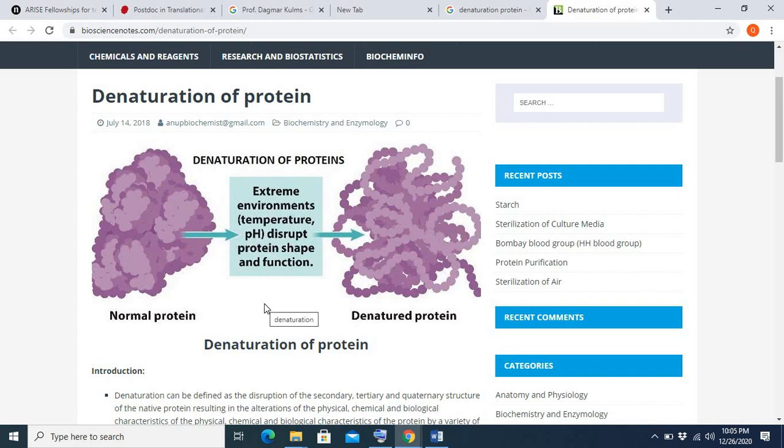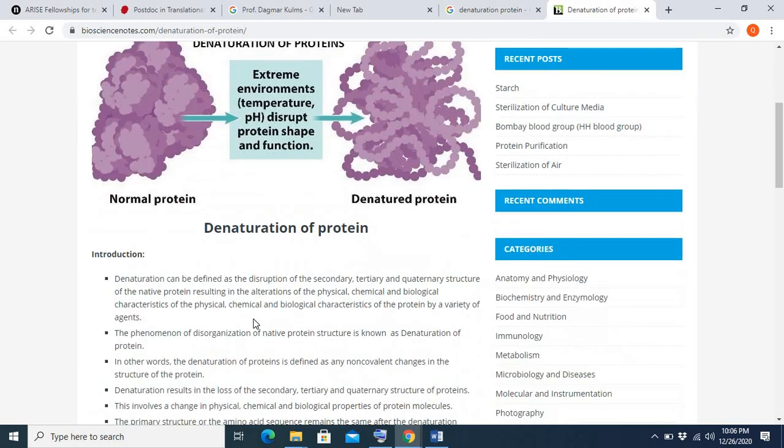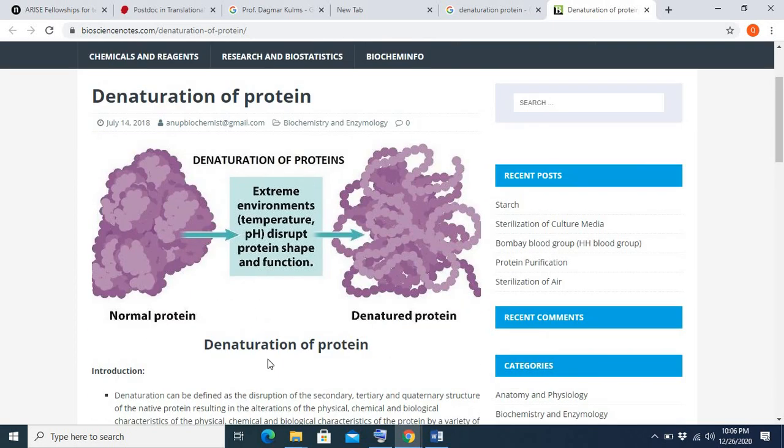So protein is unique from other biological macromolecules like lipid and carbohydrate because it exhibits the phenomena of denaturation and renaturation, and because it is the macromolecule that cannot reserve energy. So these are two basic things that make protein unique from carbohydrate and lipid.